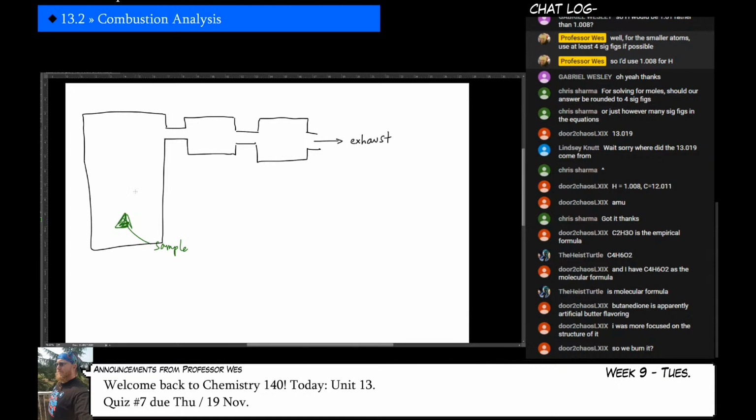So what's going to happen is you're going to ignite the sample, and we pass oxygen in to do this. And then all of the combustion products are going to go in this direction. And they're going to go through this series of filters. I should probably make those different colors, but that's okay.